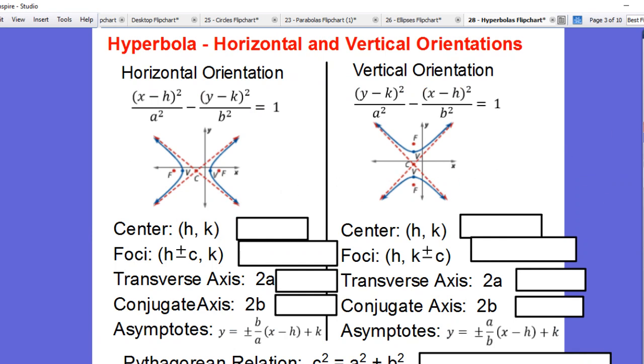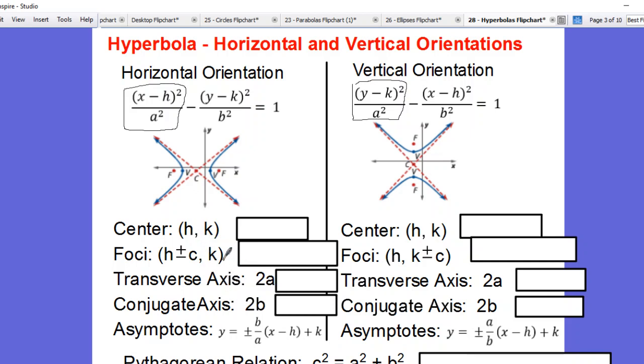Moving on, looking at our orientations, for the horizontal orientation, the x term is positive. For the vertical orientation, the y term is positive. All right. The asymptotes, the conjugate axis, the transverse axis, the foci, the center.